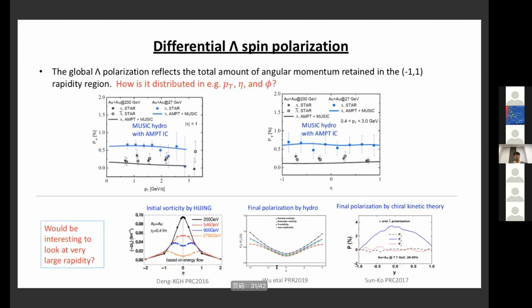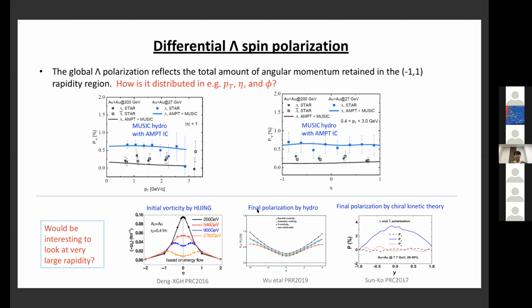This is the global polarization. Let's consider differential lambda spin polarization. That's the polarization as a function of kinematic variables like pT, rapidity, and azimuthal angle phi. For the pT and rapidity, our recent calculation using MUSIC hydro shows that the numerical result could fit the data within the error bar for the case of 27 GeV, and a little bit lower than the data for the case of 200 GeV.